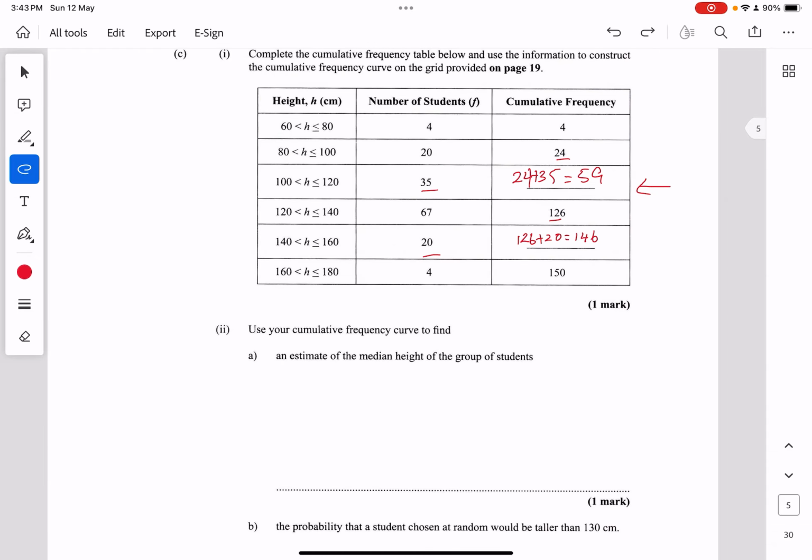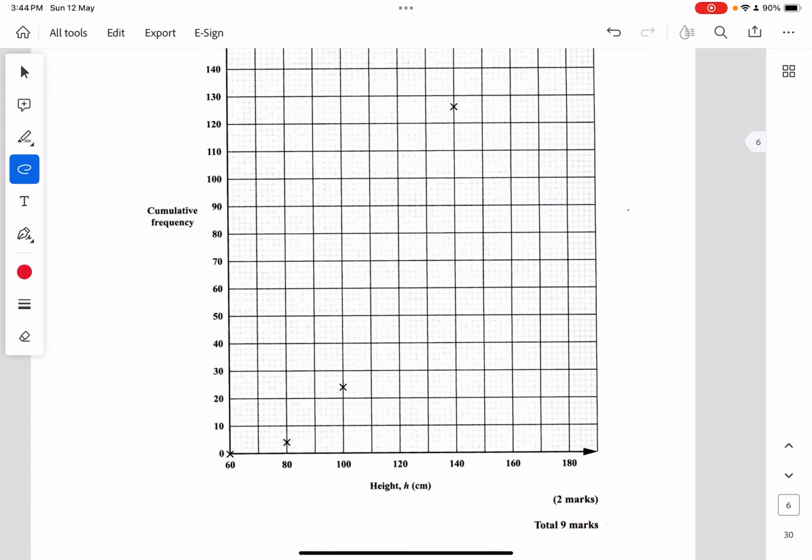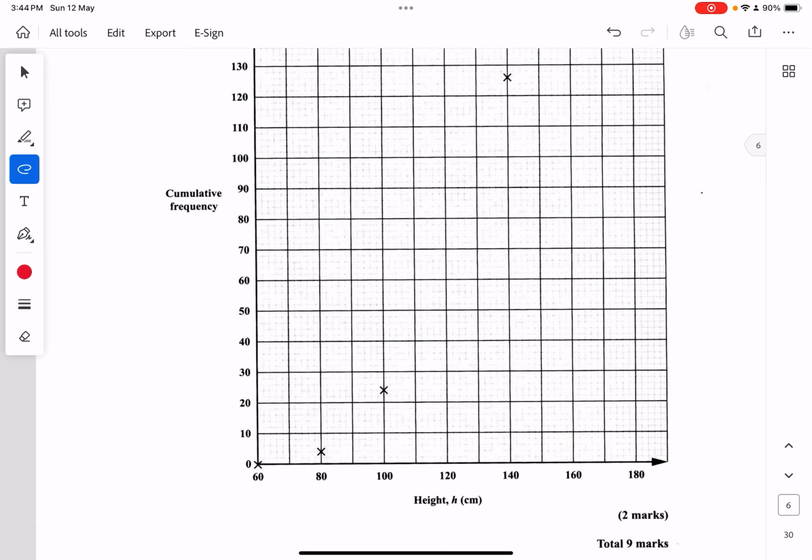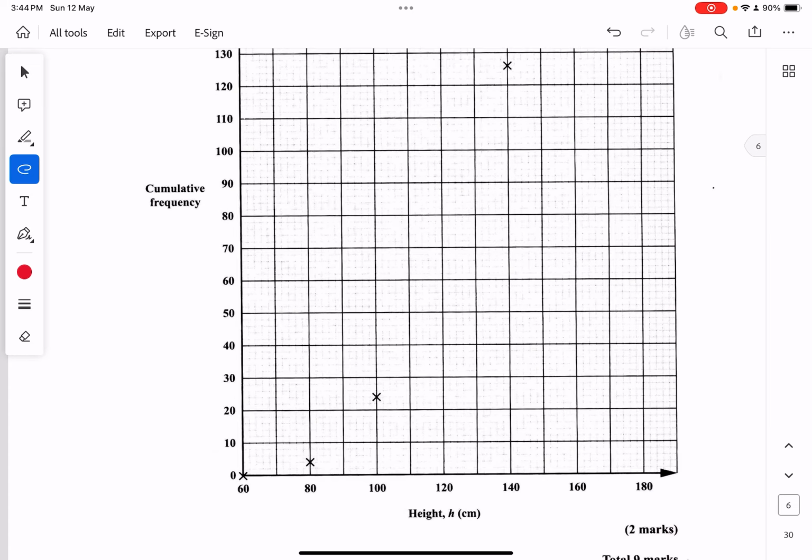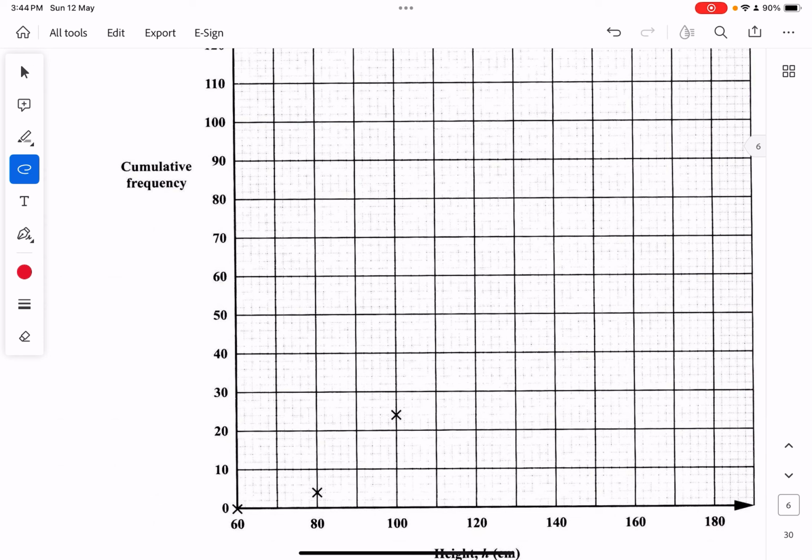So we're going to look for 120 on our x-axis, and then find the cumulative frequency of 59 on our y-axis. So 120 and 59, and you need to pay attention to your scale.